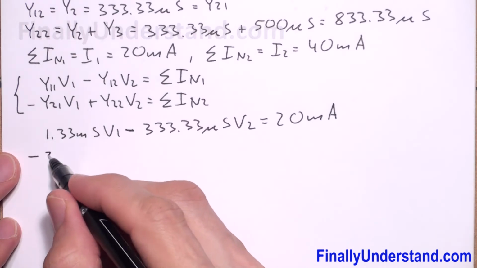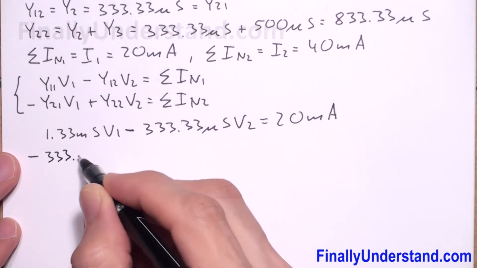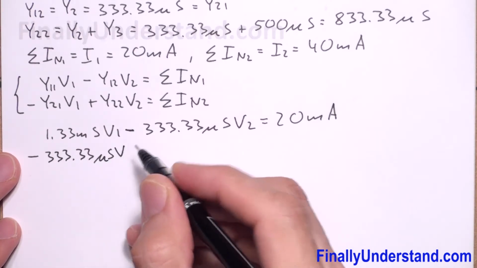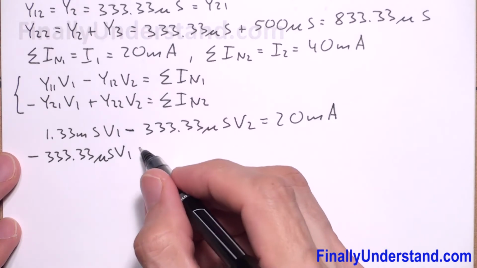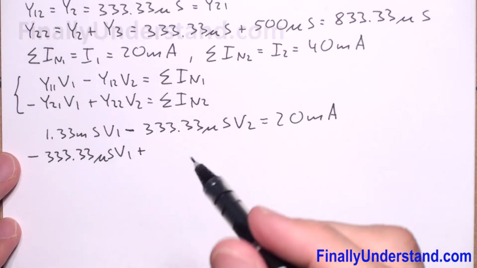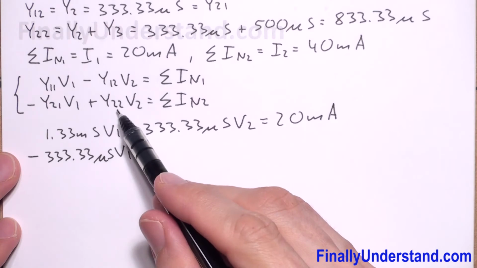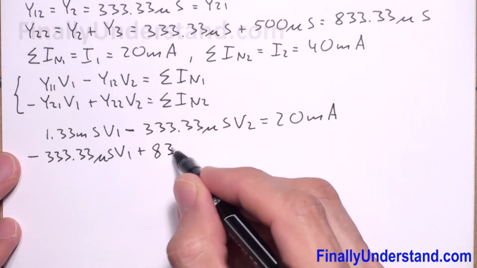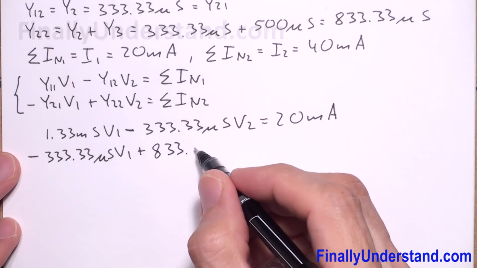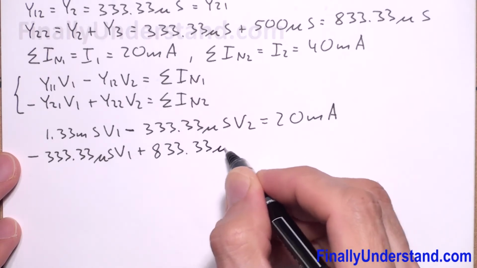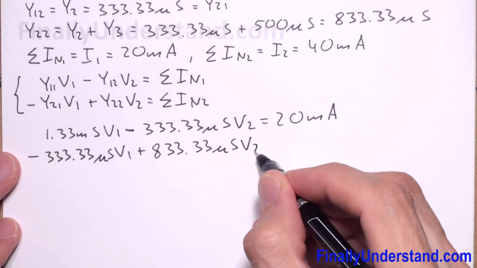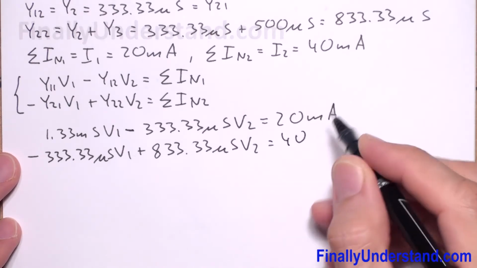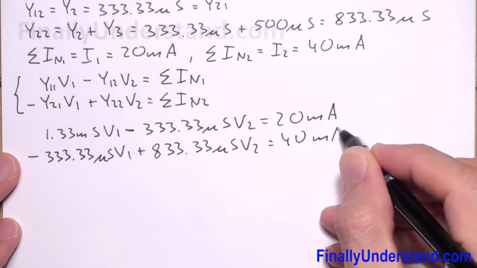y21 is equal 333.33 microsiemens v1 plus y22 is equal 833.33 microsiemens v2 is equal 40 milliamps.